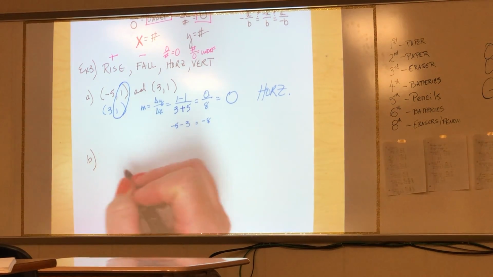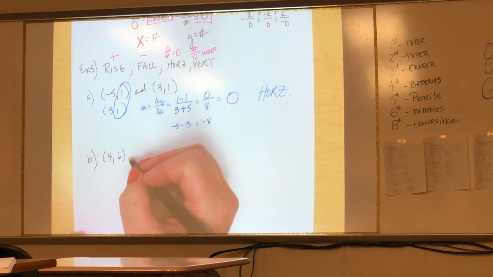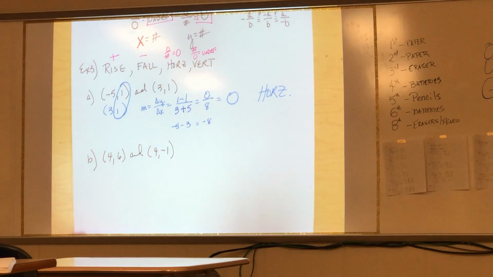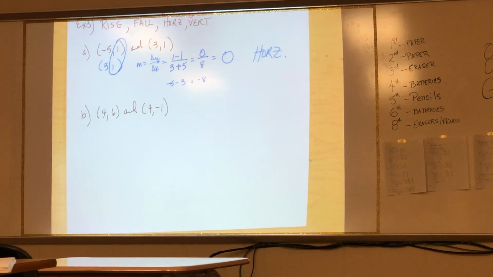Here's yours. You're going to try it. Are you ready? So your point, 4, 6, and 4, negative 1. I want to know, does it rise? Does it fall? Is it horizontal or vertical?